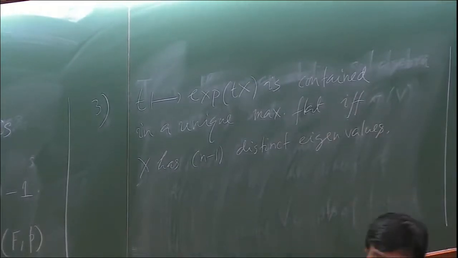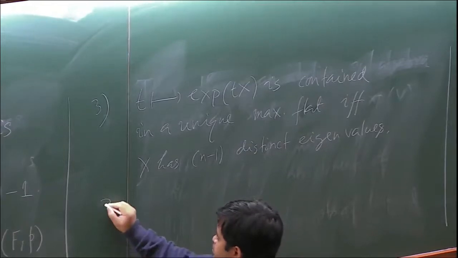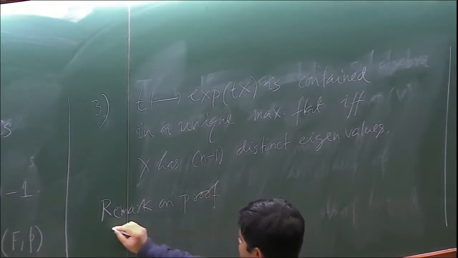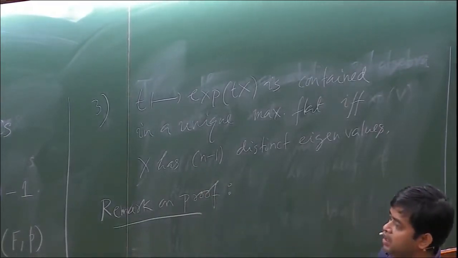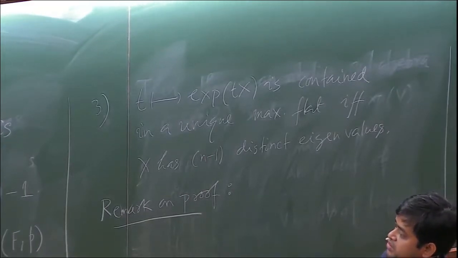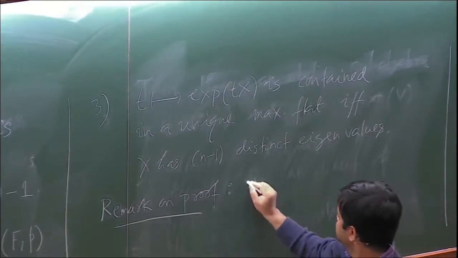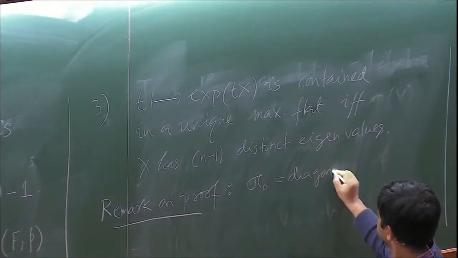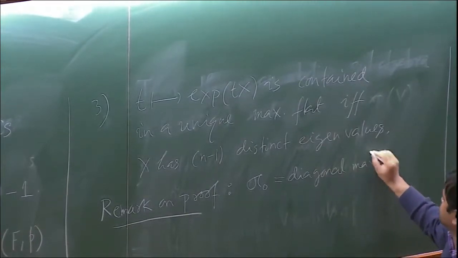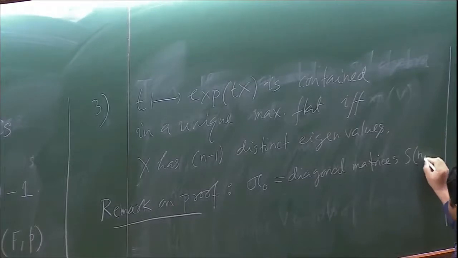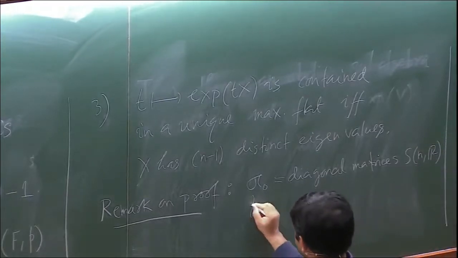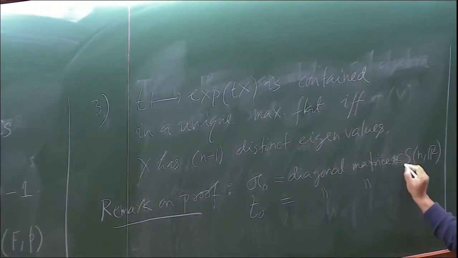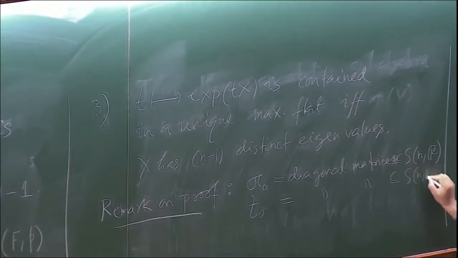I'll just make the remarks. The same proof will work. Only you notice that, so the scalars, what I mean is that you take the diagonal matrices inside SnR. Let us give it a name: script A0 is the diagonal matrices inside SnR, and script T0 is the diagonal matrices inside the trace 0 matrices.